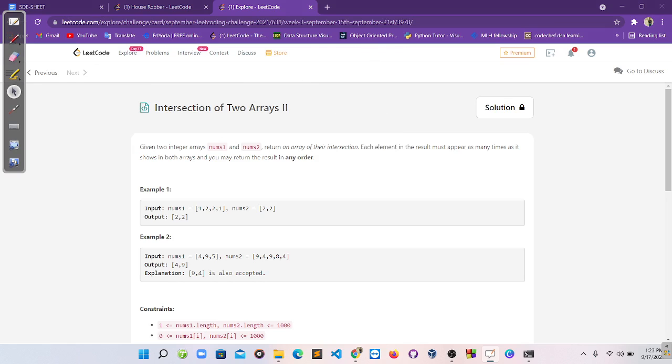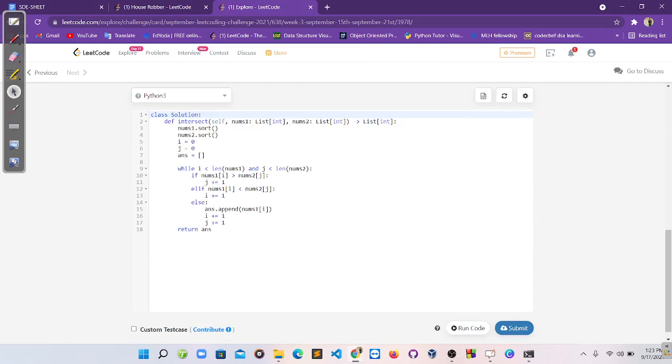Now let's see the code. The code is easy. We sort the first array and the second array. Then there are two pointers and an answer array where we store our answer. While both pointers are within their boundaries, we check: if nums1 of i is greater than nums2 of j, it means j points to the smaller element, and after some iterations we may get a bigger one, so we increment j.